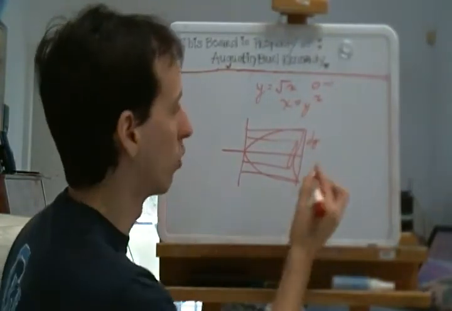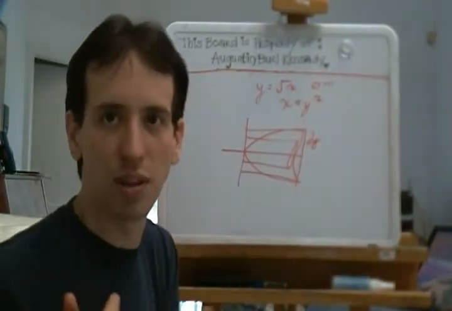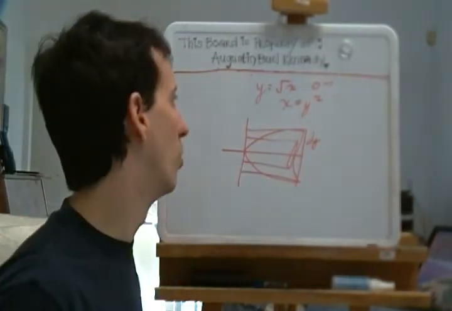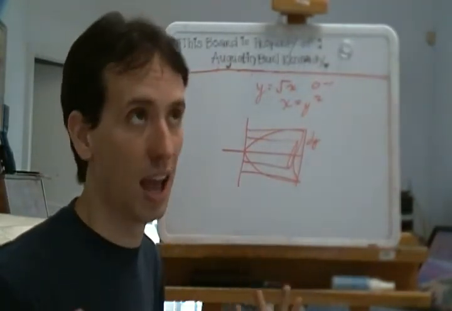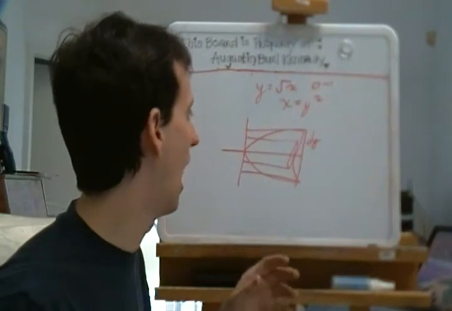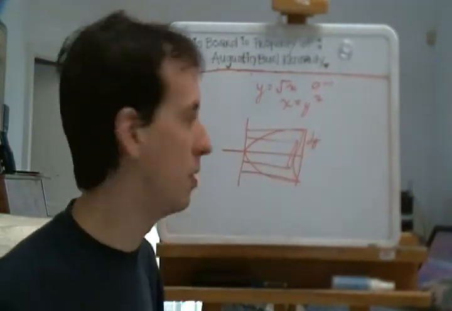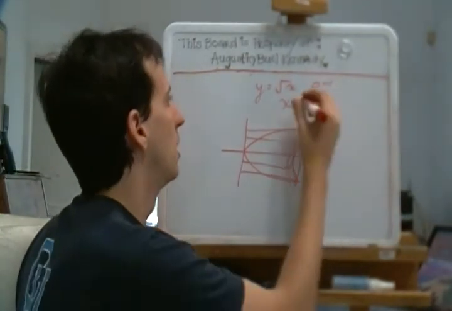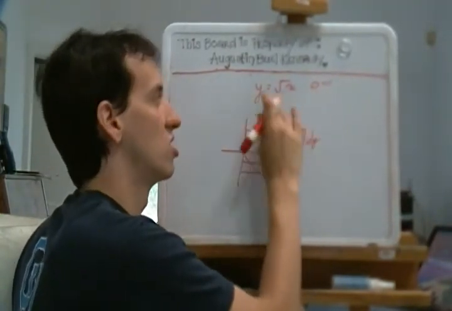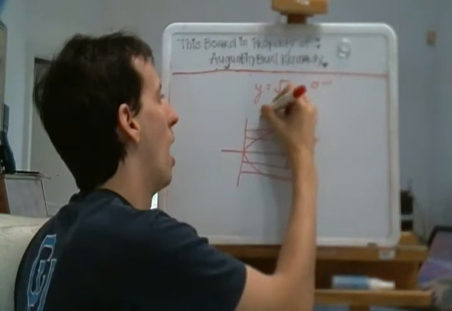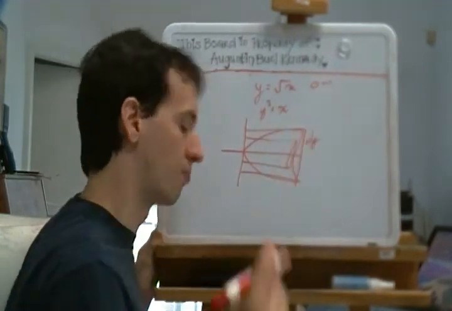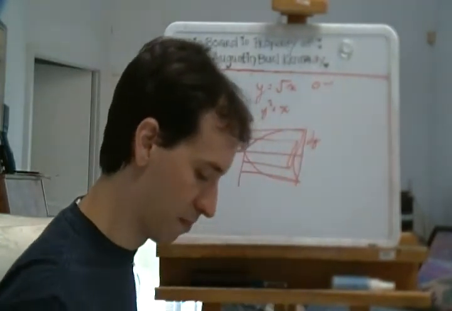We know that because if we're looking at dy, we want y to be the variable of integration. We can't have x dy. I mean, you can, but that's a different class. We want the y and the dy to both be together. And we can have that because y equals square root of x is just the same as y squared equals x. Same thing.